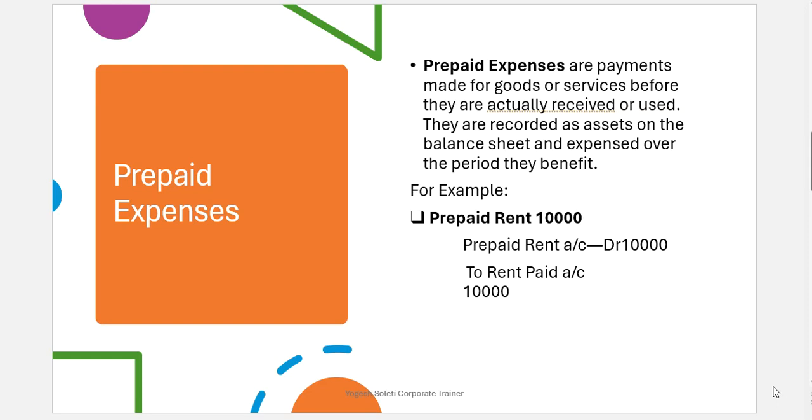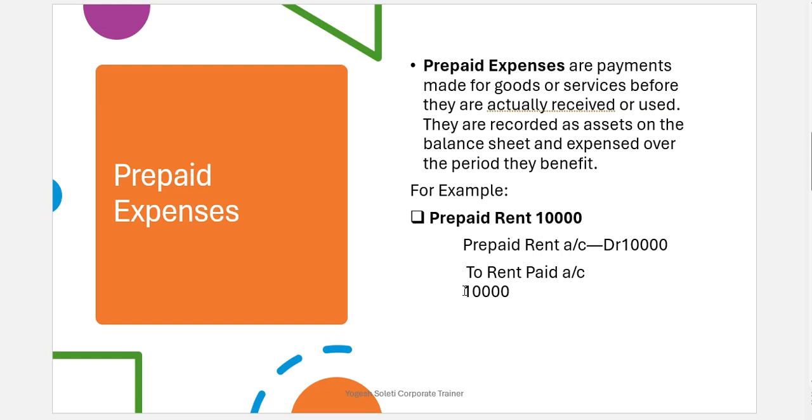Let's assume our per month rent is 10,000 rupees. When you take that particular place on rent, we will be paying a certain advance amount like 2 months rent or 3 months rent in advance. This particular amount is called prepaid. For this the journal entry is prepaid rent account debit to rent paid account.